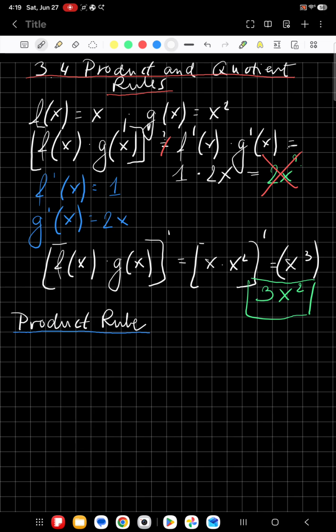Well, it works like this. Let me change the notation and do the d/dx. So I'm taking the derivative of the product of two functions, f of x times g of x.